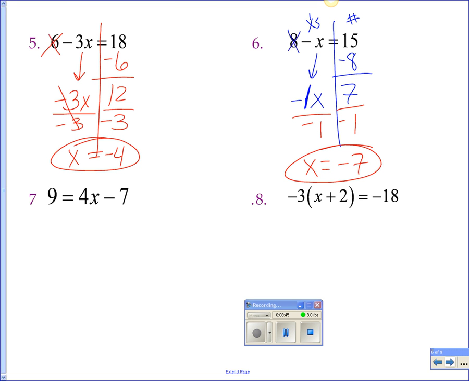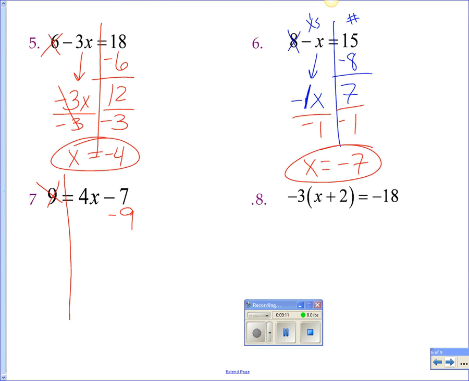Good. Number 7, 9 equals 4x minus 7. All right, Devin, what do I want you to do first? Summer, what's something that needs to move? What do I write? Very good.